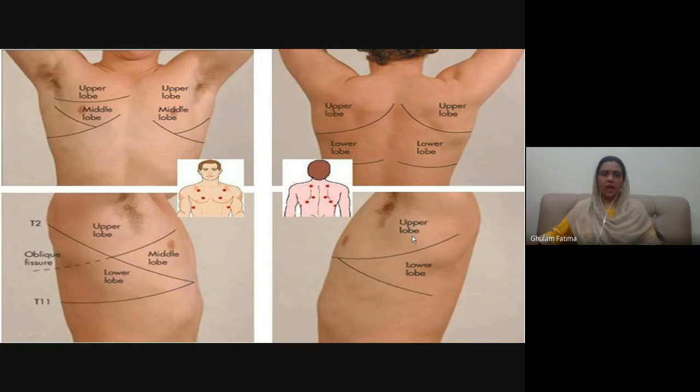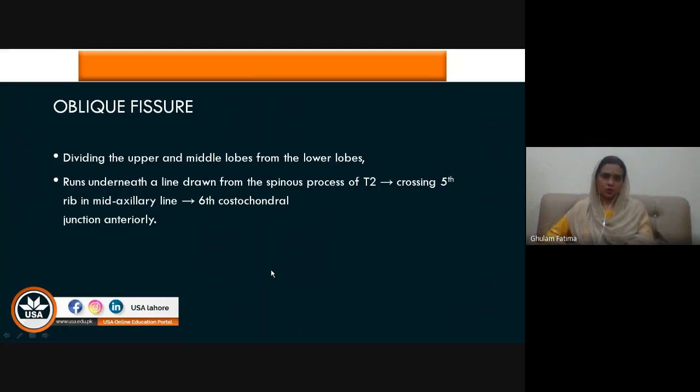So the oblique fissure starts from the vertebral body of T2, then you move the line laterally and downward till, in the mid-axillary line, it crosses your fifth rib, and then again it moves forward and downward till it coincides with the sixth costal cartilage, the costochondral junction.